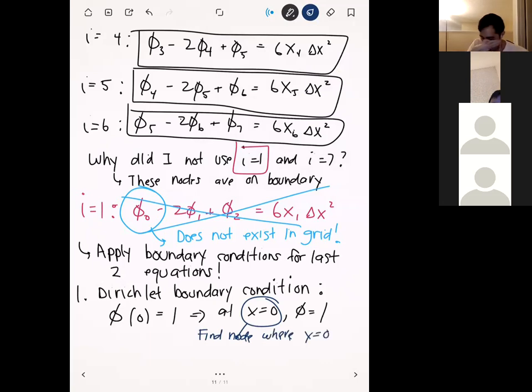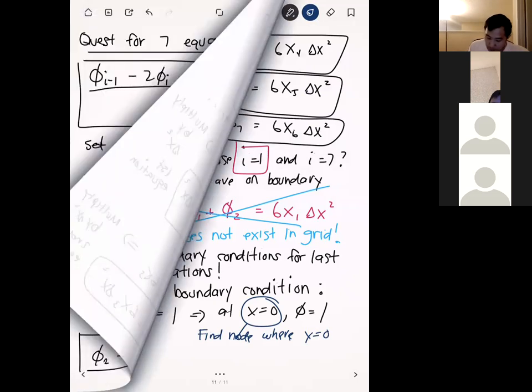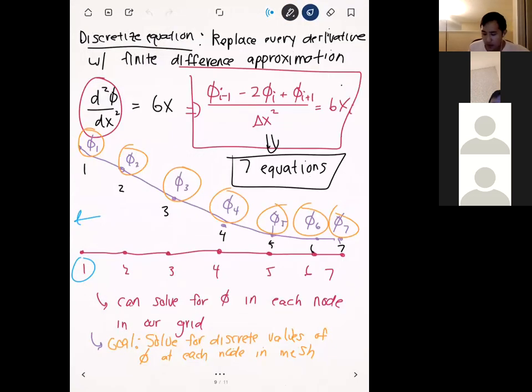We go back to our domain here and see our segmented line from 1 to 7. The node sitting on the left-hand side of this domain is 1. So the node where x is equal to 0 is going to be node 1.